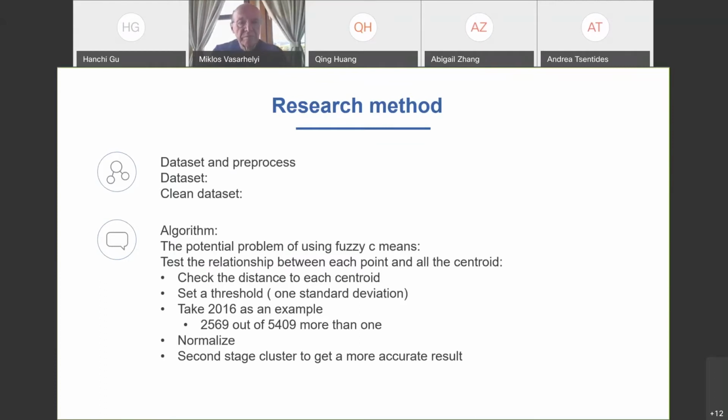39,434 files. For the algorithm, my first way was to use fuzzy c-means, but existing literature told us that fuzzy c-means has a real problem when it has to deal with high-dimensional data.